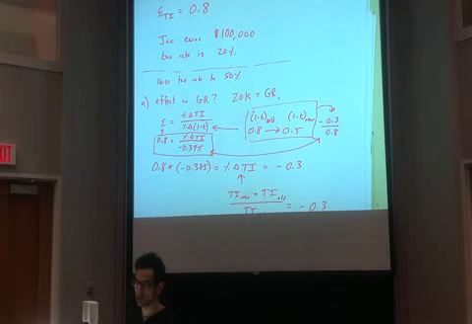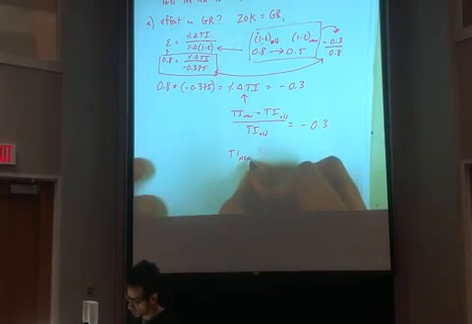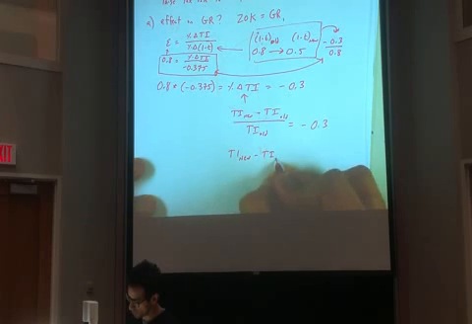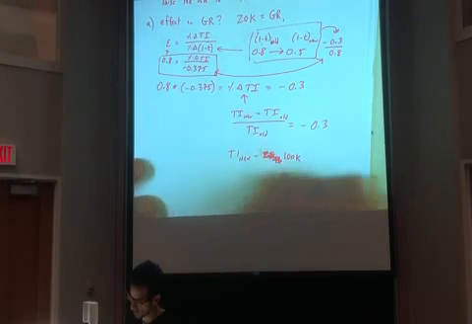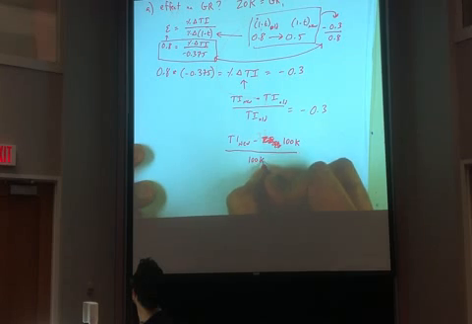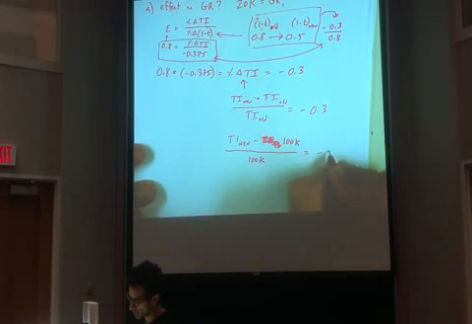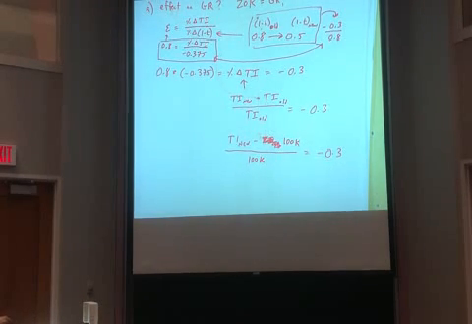So I can plug in the old one. I know the old one is 100,000. So I get TI new minus TI old, minus the 100,000, divided by 100,000, equals minus 0.3. And then you just solve for TI new.